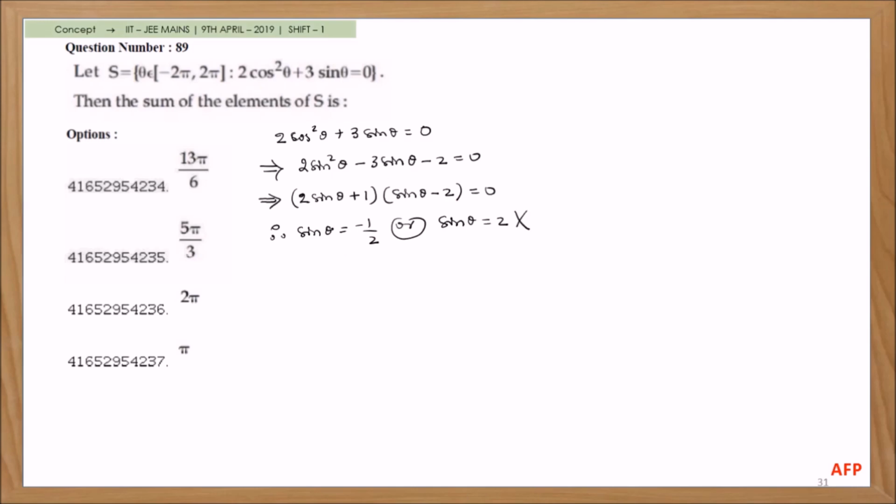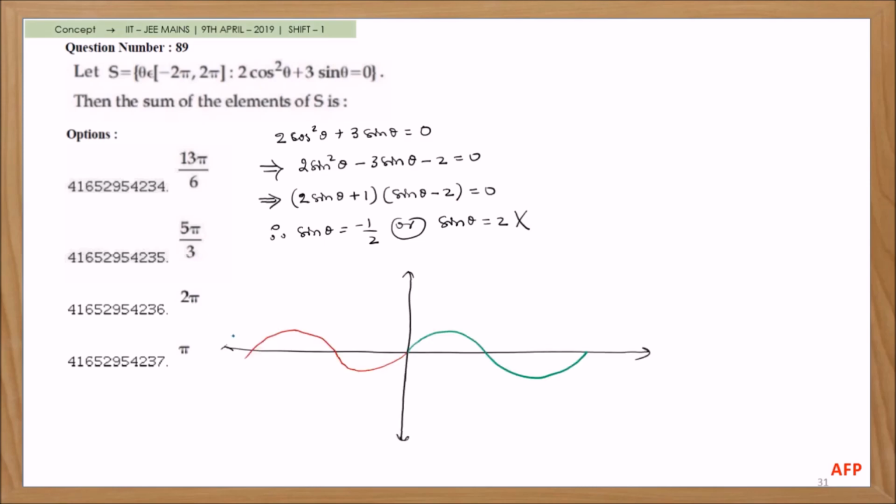So we will take this and use the graph to simplify the concept. We will draw the graph here. Here it is minus 2 pi, here it is plus 2 pi. Now if you take the line y equals minus 1 by 2, these are the points you are supposed to find.